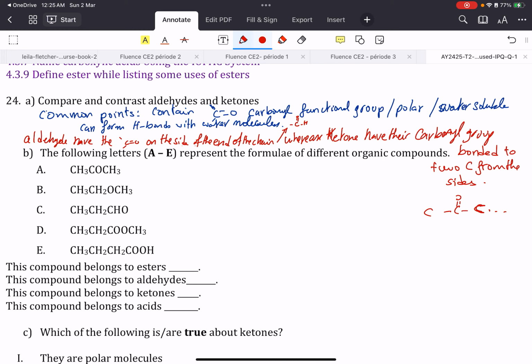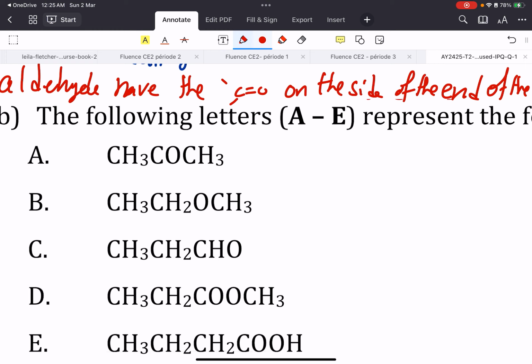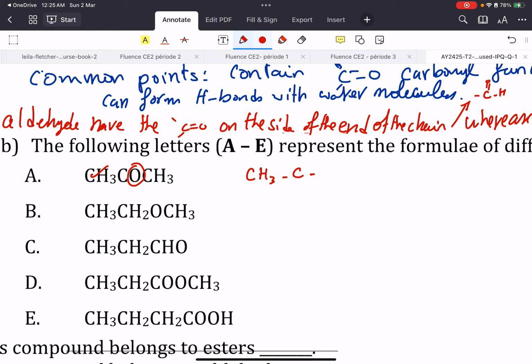Okay, the following letters represent the formula of different organic compounds. So when you have questions like this, before you start answering, I advise you to spread out and show the bonds, draw the molecule. Like here I have CH3, and there's a C. Now there's an O. I'll give you options.